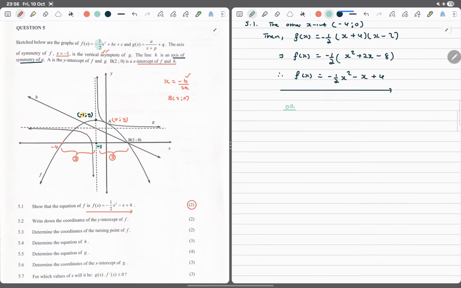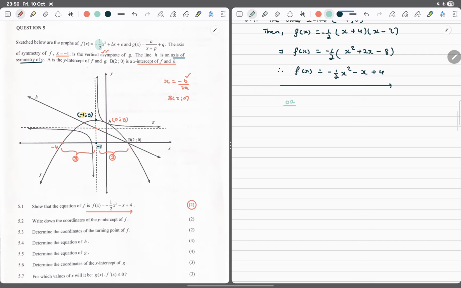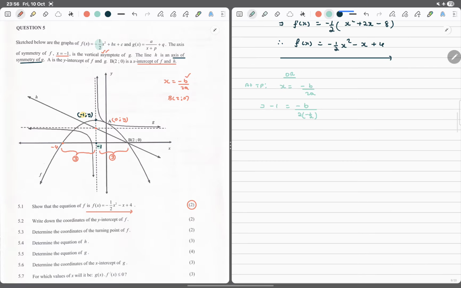Right. Or a student may think about that at turning point, it is such that x is equal to minus b over 2a. Right? So this is minus 1 is equal to minus b over 2 into minus a half. Okay?